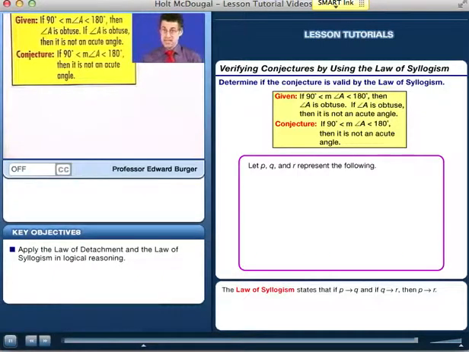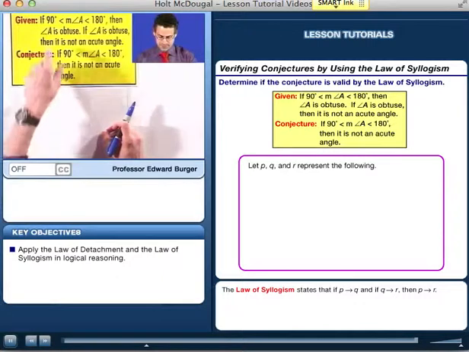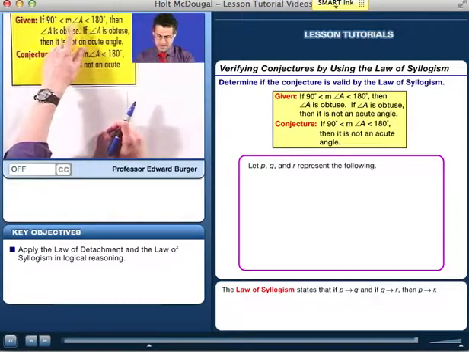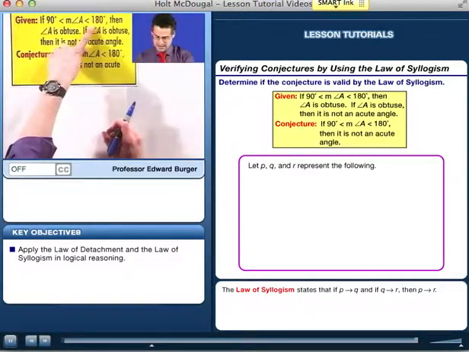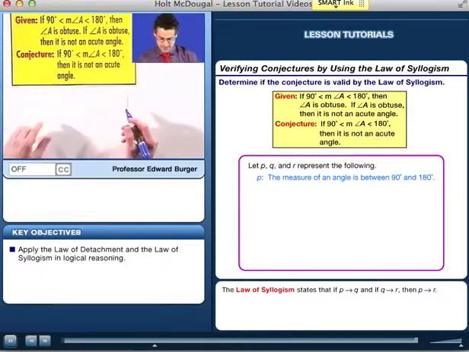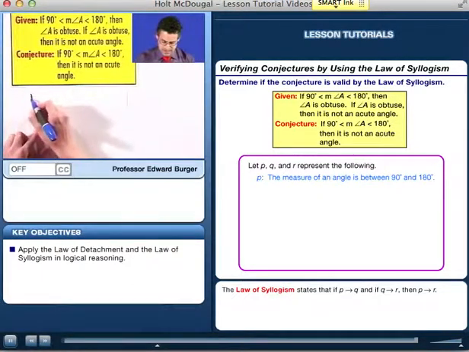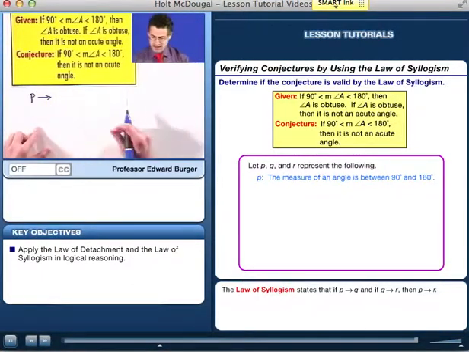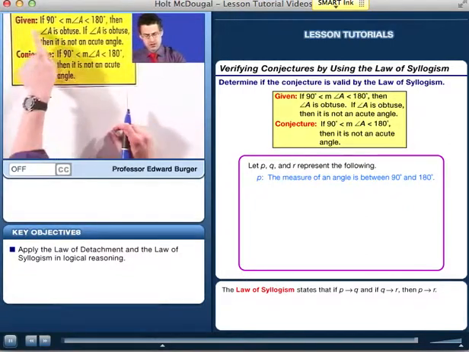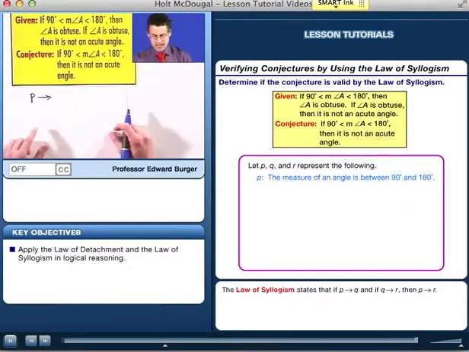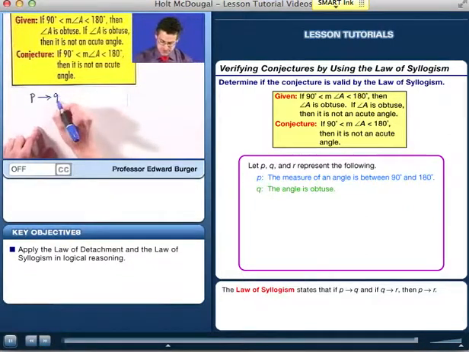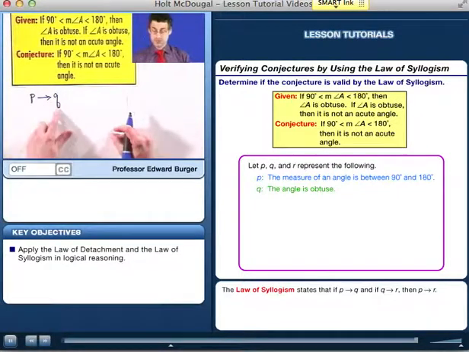Let P be the statement that the measure of A is bigger than 90 degrees and less than 180 degrees. Then the first given is that P implies, and let's call Q, angle A is obtuse. So the first statement is P implies Q. What's the second conditional statement?